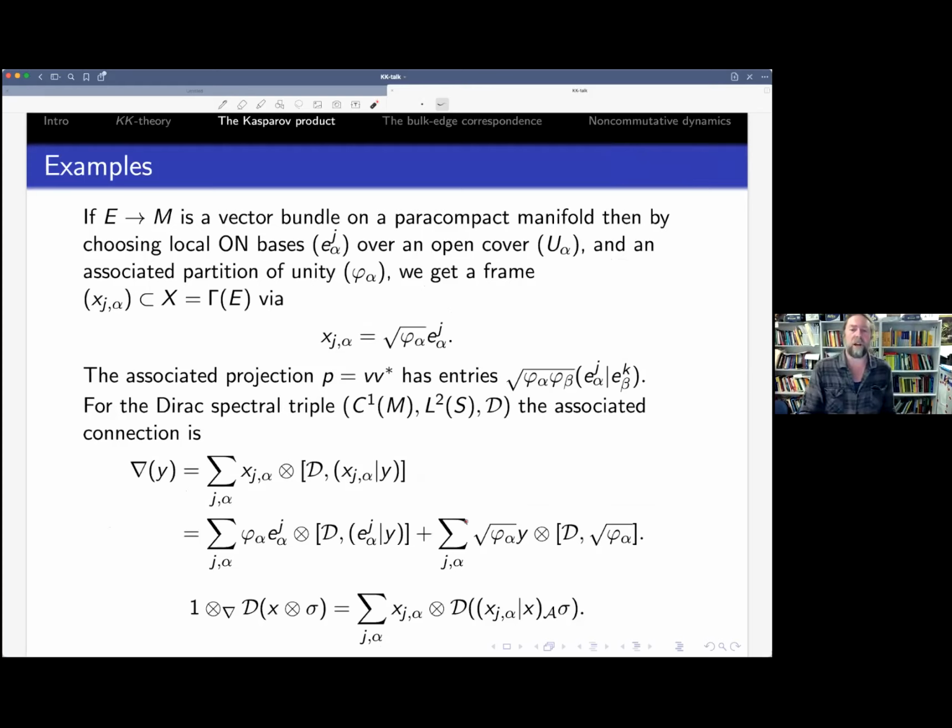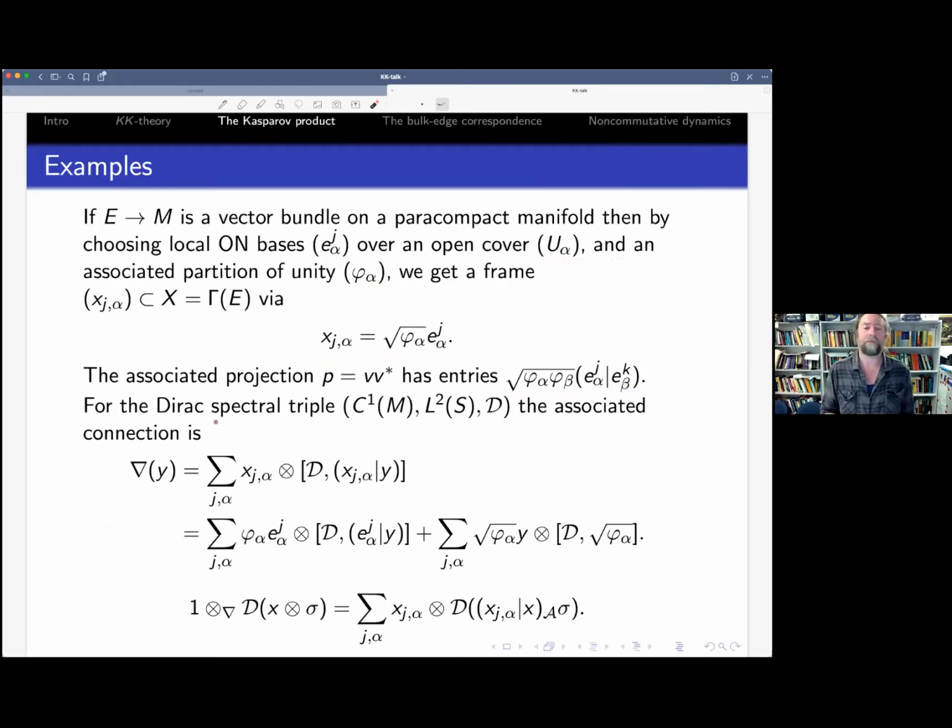Just to show you how these things work in practice, if you've got your vector bundle and you take an open cover of trivializations and local orthonormal bases and a partition of unity, then you can build a frame in this way. The projection that you get out of that has entries that look like this.